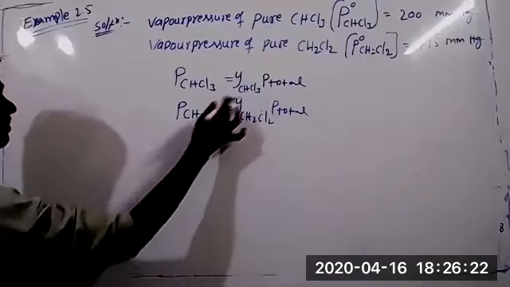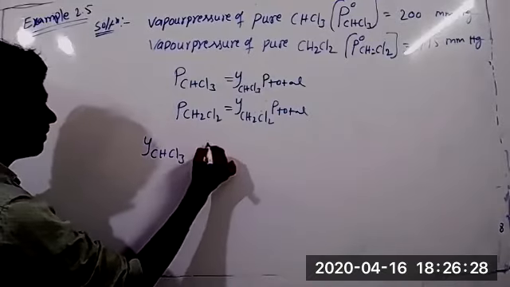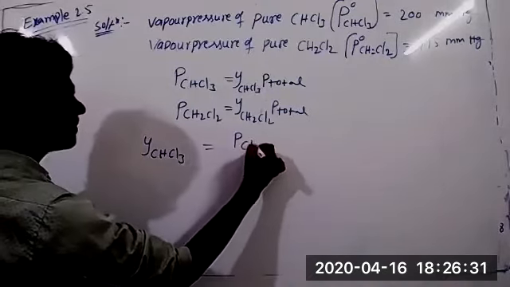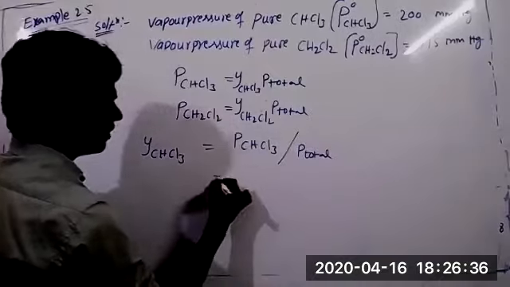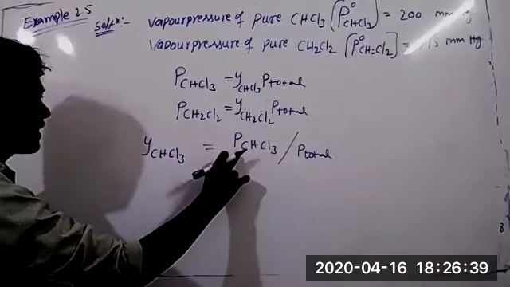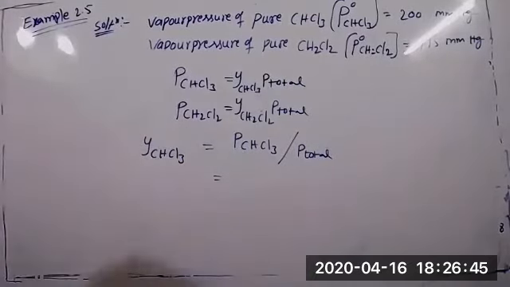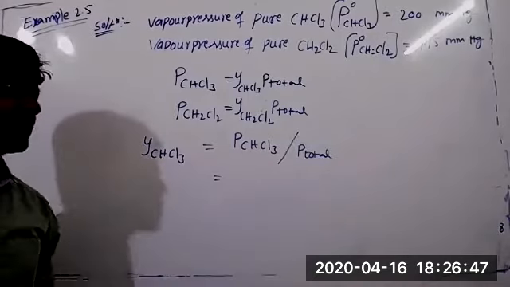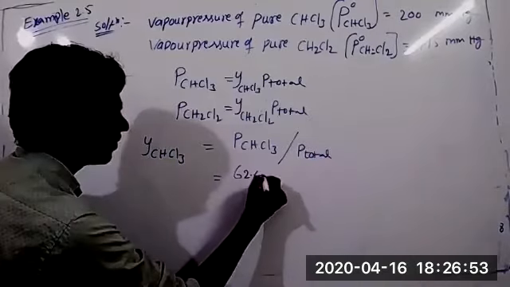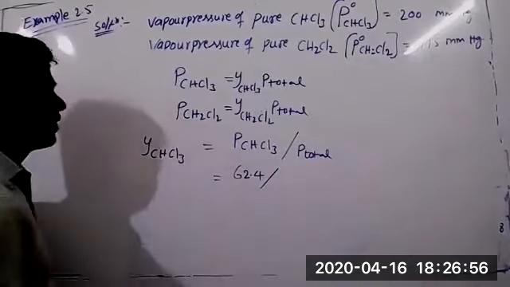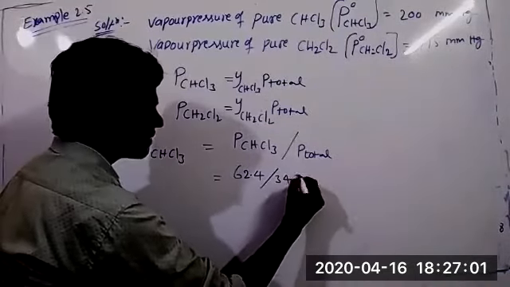First one. From this, Y CHCl3 is equal to P CHCl3 divided by P total. What is the partial pressure of CHCl3? We calculated that value. So 62.4, very good. 62.4 divided by P total, we got 347.92.